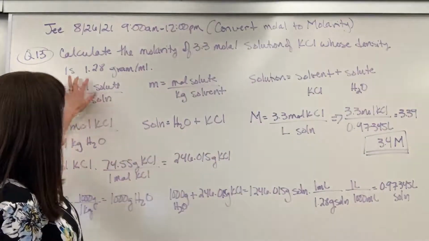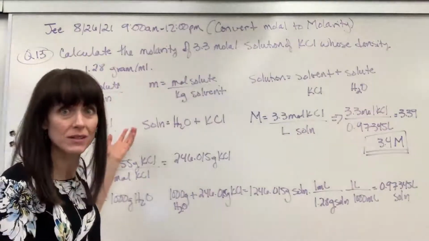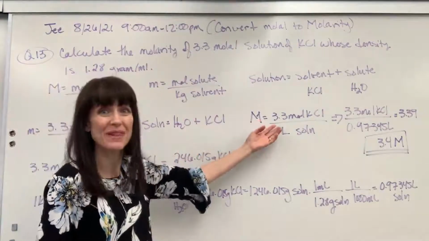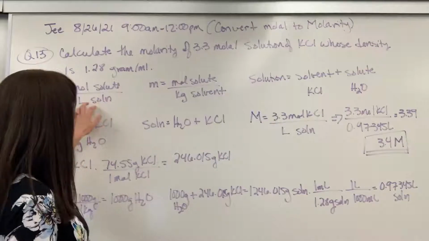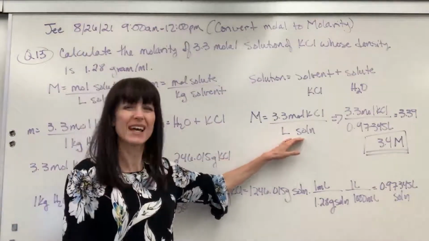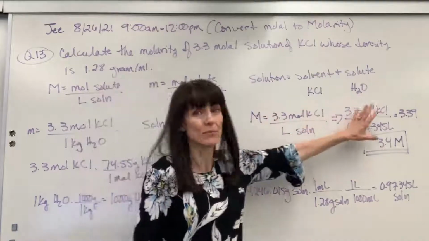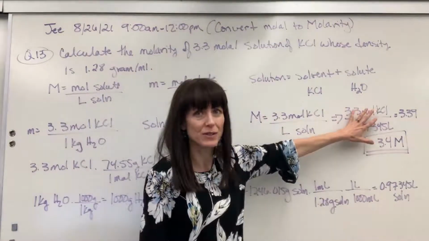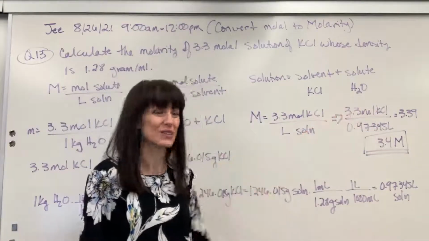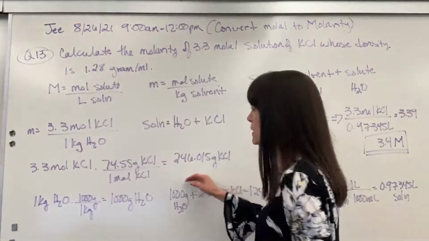Remember molarity, mole of solute, we know how many moles we have. We've got 3.3 moles. Now divided by liters of solution, that's what we have to find. We've got to find liters of solution so we can eventually plug this in. So hold on to that for just a minute. Let me show you how to find the liters of solution. It's going to be down here.